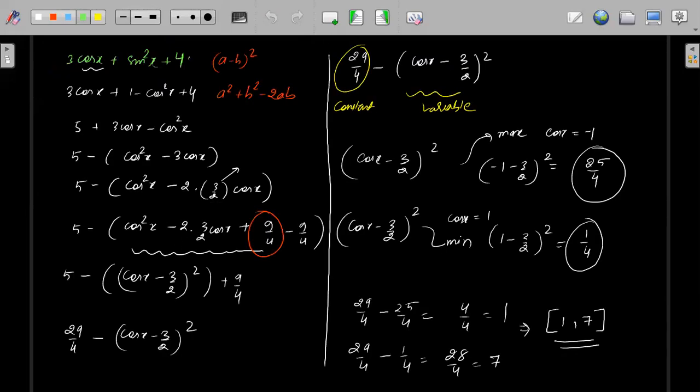Yes, minus 9 by 4 multiplied with this minus gets multiplied, so that's why it becomes plus 9 by 4, understood? Okay, fine, just copy this because there is a minus and there is a minus.